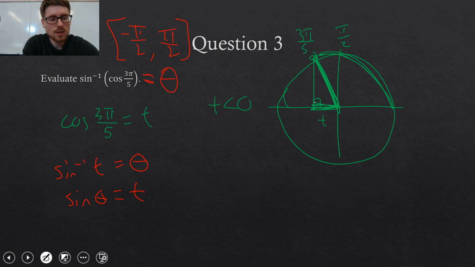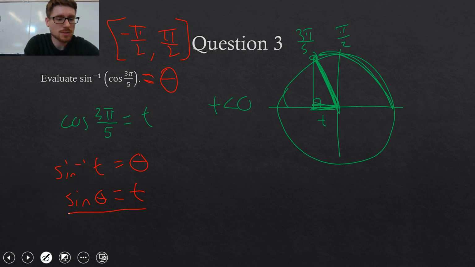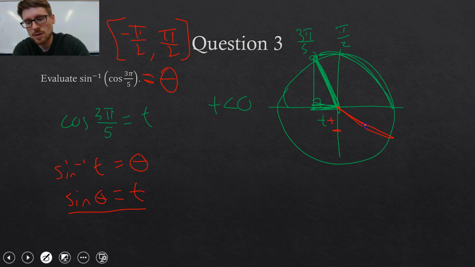And so now when we try to draw the triangle for sine theta equal to t, well, that's going to be in quadrant 4. So our t becomes the y-coordinate because now sine of theta equals t. So this is theta.